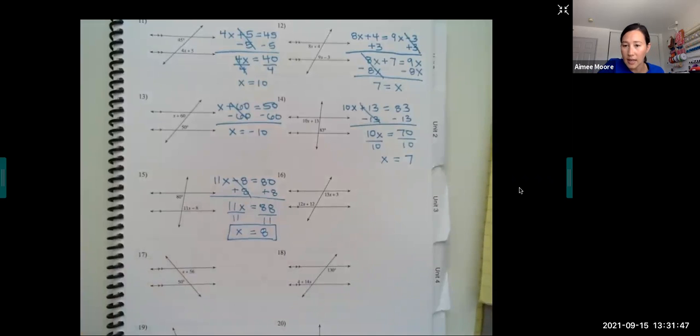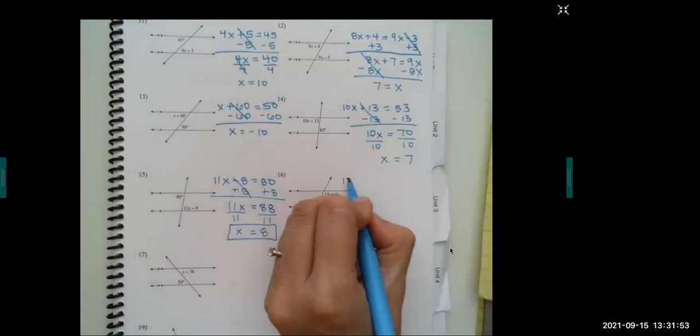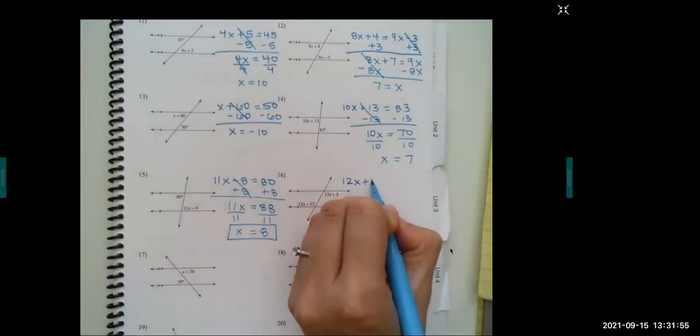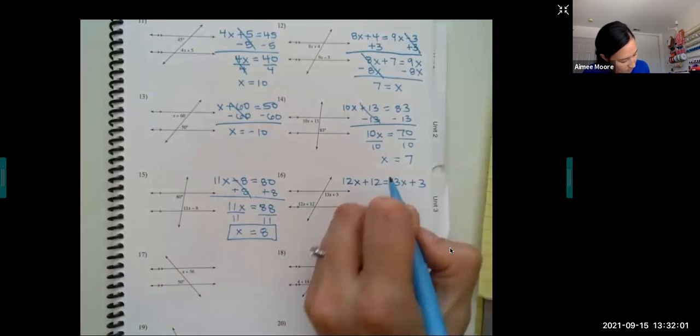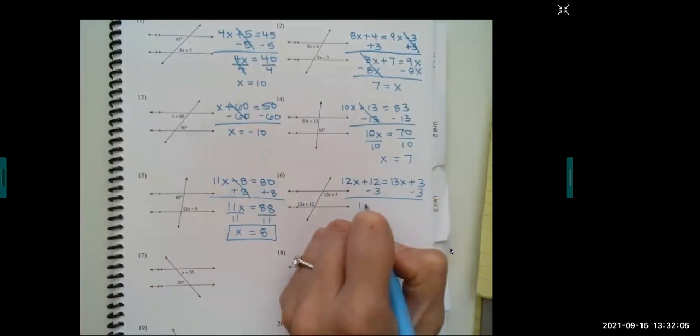All right, next. Okay, I did 12x plus 12 equals 13x plus 3. Very good. I subtracted 3 from the 3 and 12, and I got 12x plus 9 equals 13x. Very good.